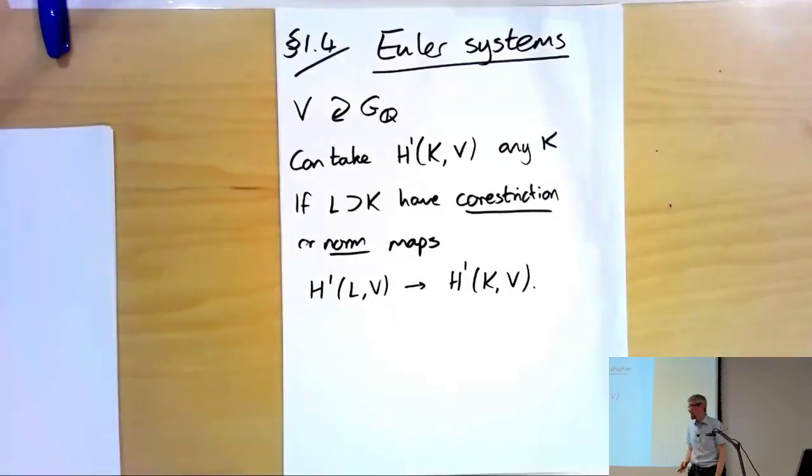And that's going down. It takes a cocycle or a cohomology class for the Galois group of L and norms it down to something for the Galois group of K.